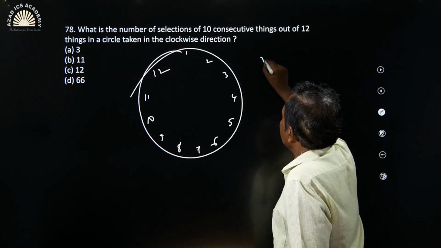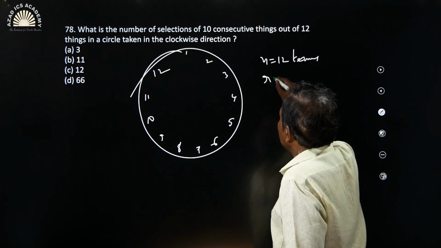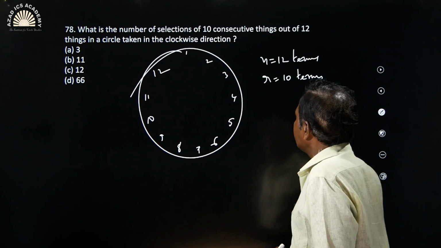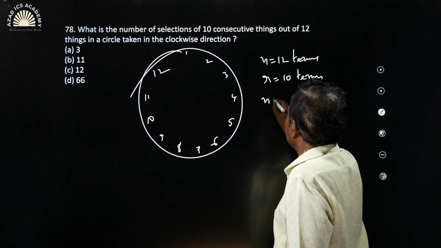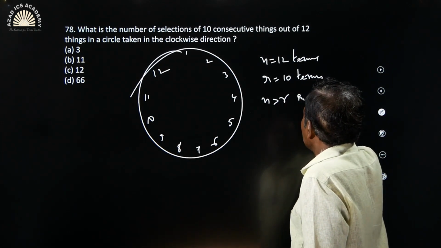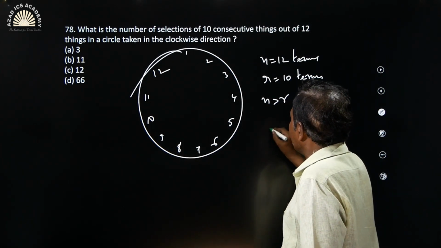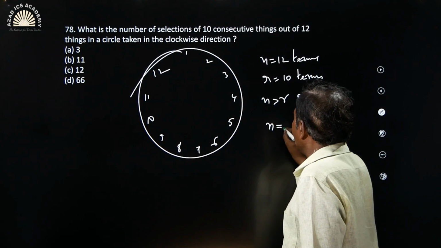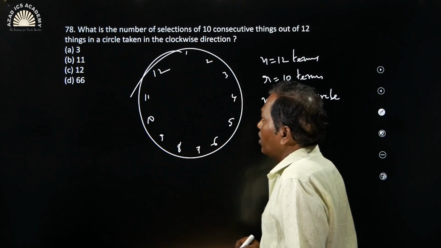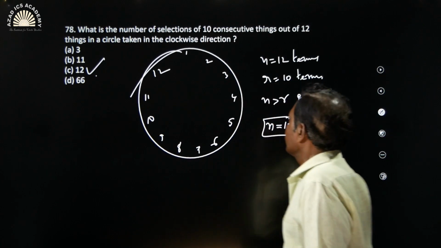N value is what? 12 terms. R is asking 10 terms. Because here N is greater than R in a circle. When it is like that in a circle, N itself is the value, N is 12, this is the answer. So N value is there, definitely C is the answer.